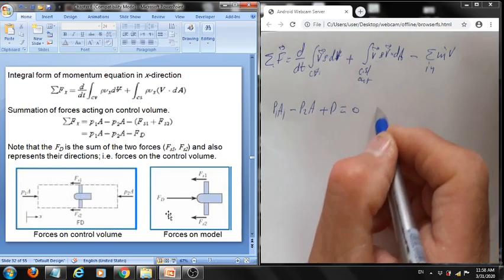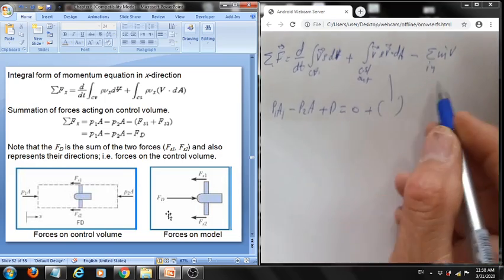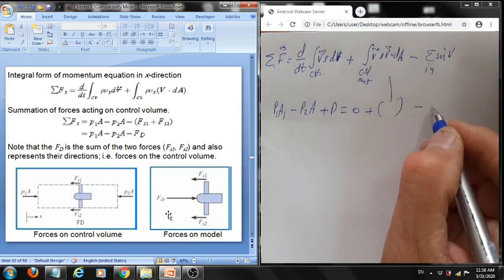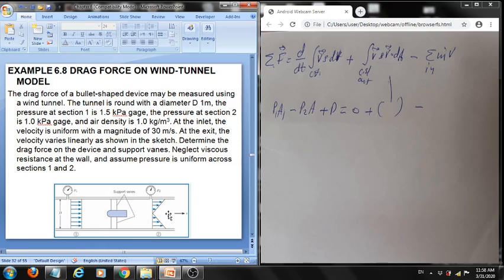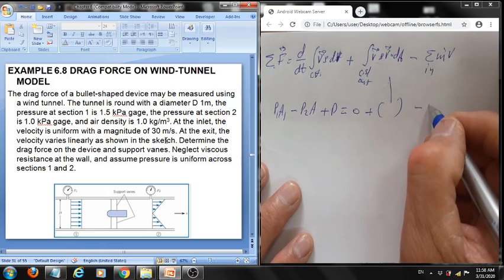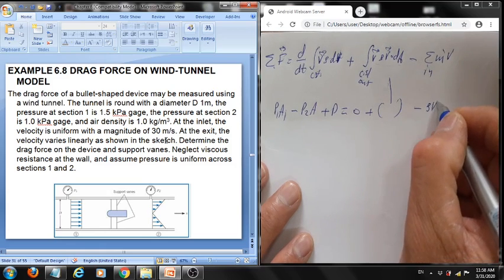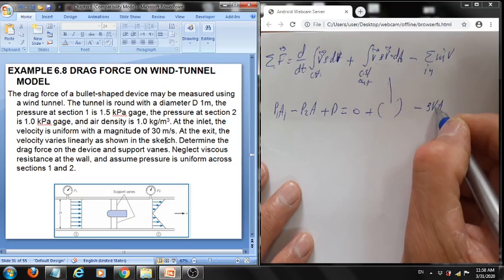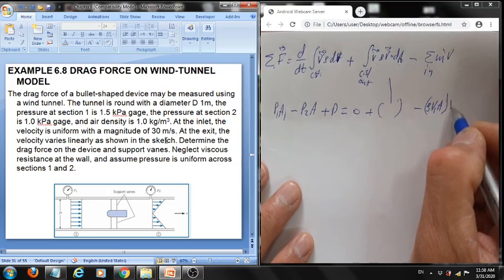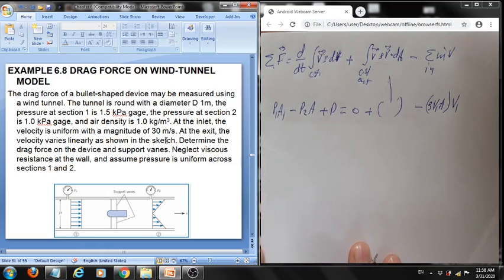Now this term we have to find, minus, this is easy. We are given the velocity as 30 meters per second, so the m dot is rho V area at the inlet, multiplied by V, which is V1.